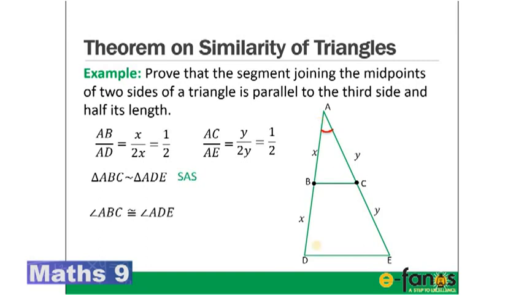This means that angle ACB is congruent to angle AED, and so BC must be parallel to DE. The ratio BC over DE must be equal to the ratio AC over AE, which is a half. So the short line joining the midpoints of the sides is half as long as the length DE.